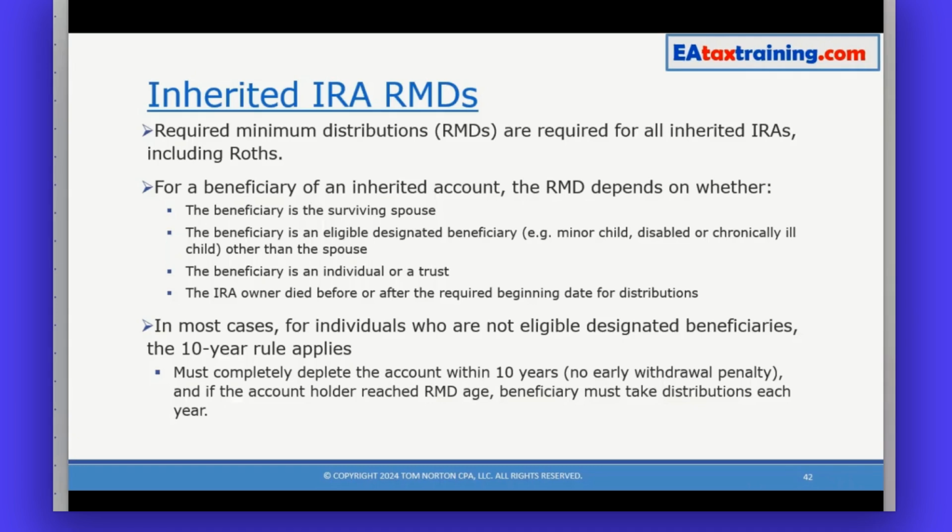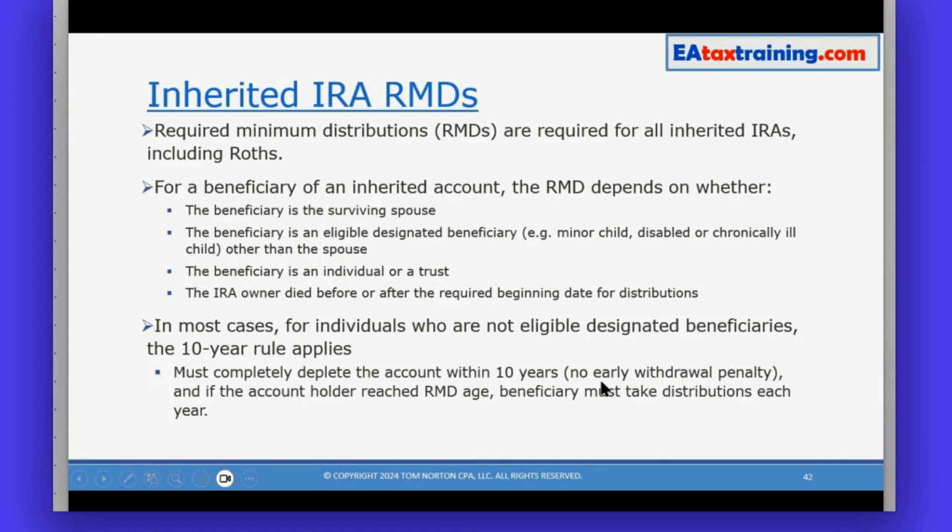And then the last bullet point here is, what if you are not a spouse or an eligible designated beneficiary? What are your options? So in most cases, for individuals who are not eligible designated beneficiaries or spouses, there's something called the 10-year rule, and that is very similar to what we already talked about. It must be completely depleted within 10 years.